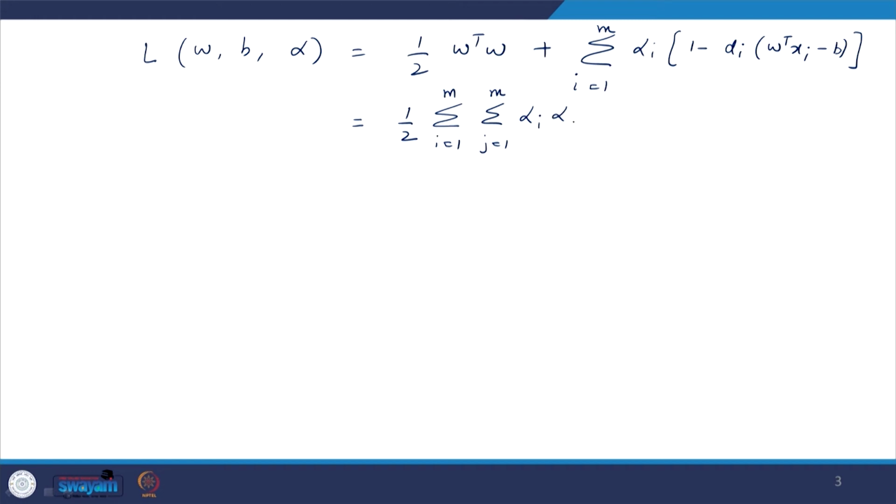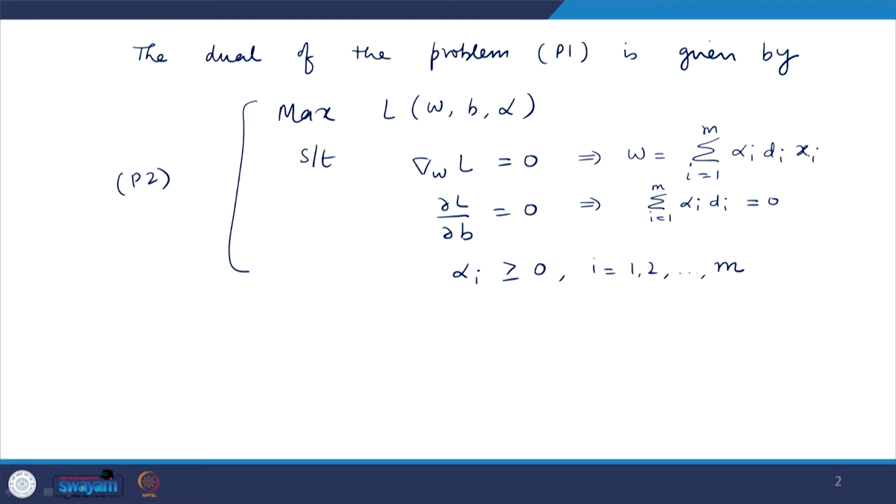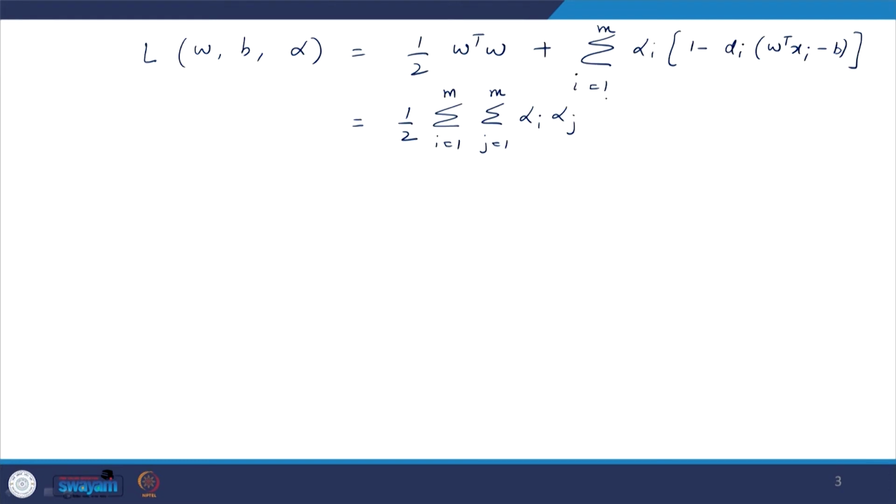So it is alpha_i alpha_j d_i d_j x_i transpose x_j. It looks a little complicated, but it is not if you open the double summation; it comes out to be a very simple expression.